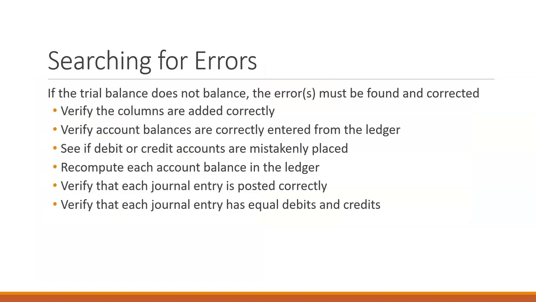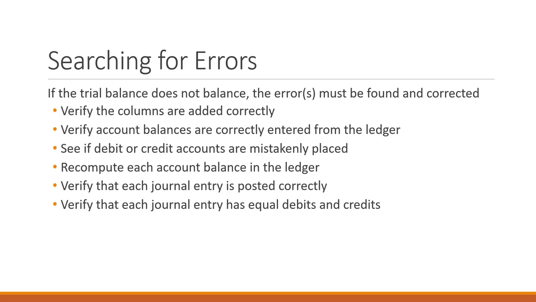If we have to find errors, we have a couple of different things that we do. So first, we just want to make sure the columns were added correctly. So we're going to double check our math. Then if we checked all of our math and there's still a problem between the debits equaling the credits, then we have to go check all of our account balances and make sure that we typed them all in correctly.